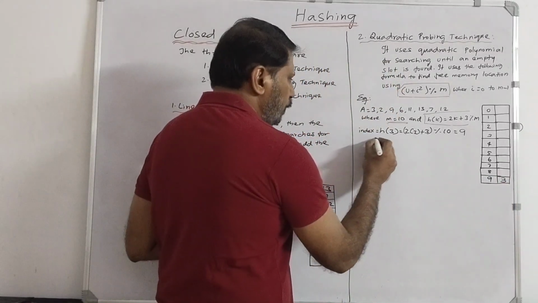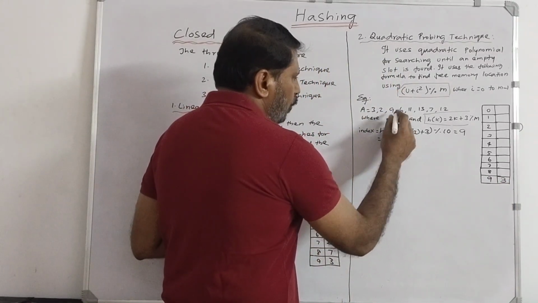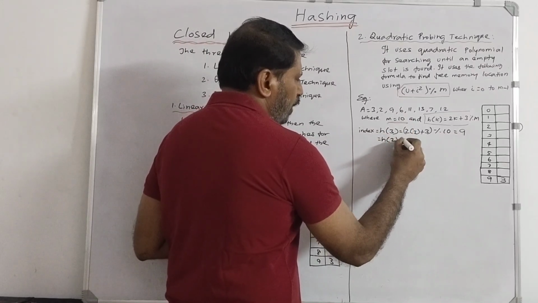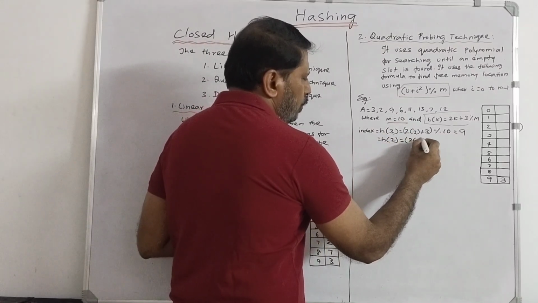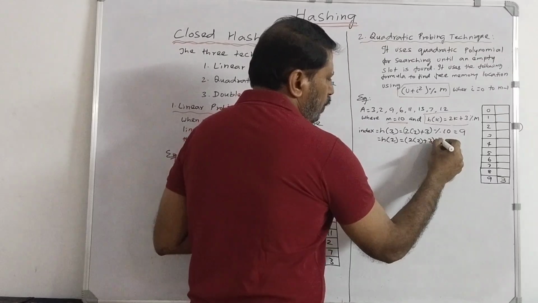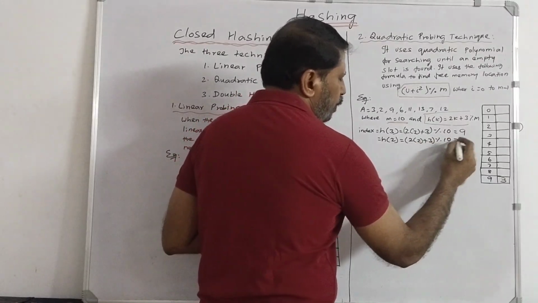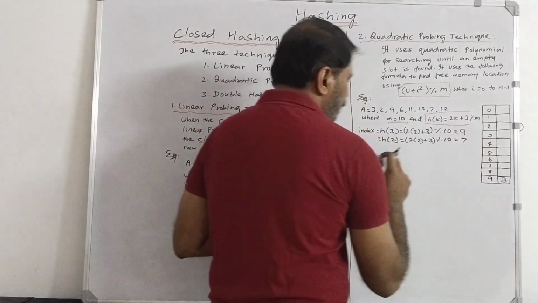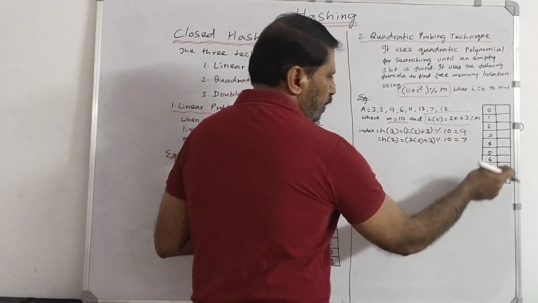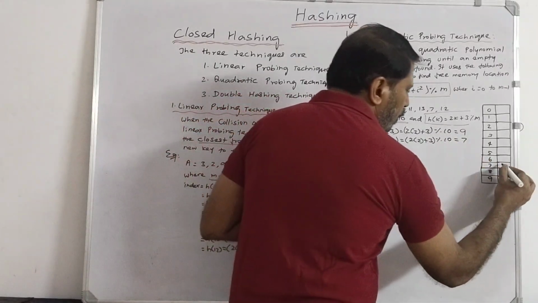Like that, I am going to find h of 2, the second number. So 2 into 2 plus 3 modulo 10. 2 into 2 is 4, 4 plus 3 is 7. We go to the 7th location and store the number 2 here.